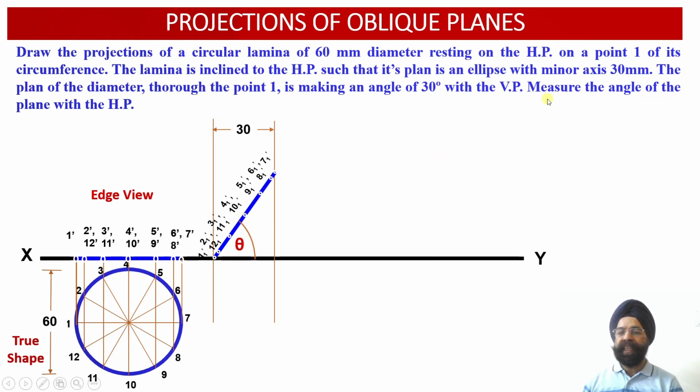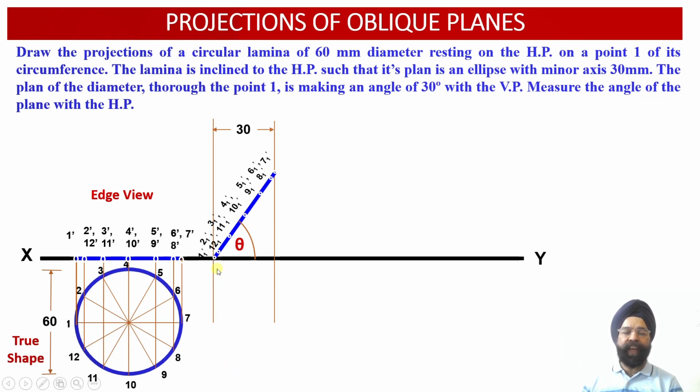So the angle theta, the second part of the problem, has already been evaluated. Now, having evaluated this angle theta, we are going to evaluate the top view projections of the 12 points of the circular lamina.